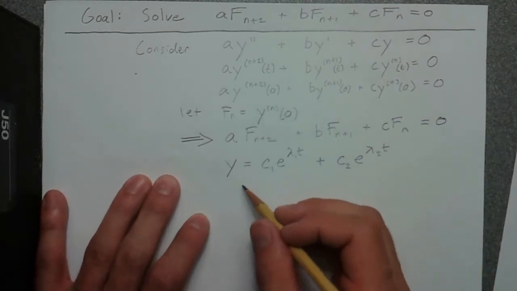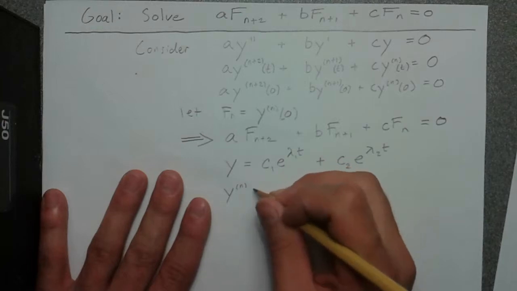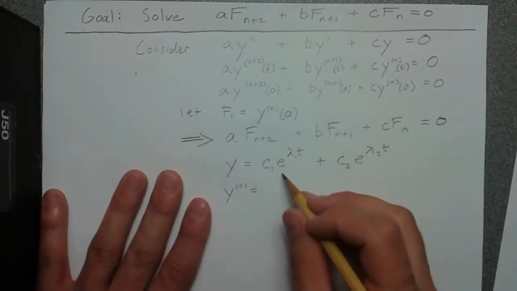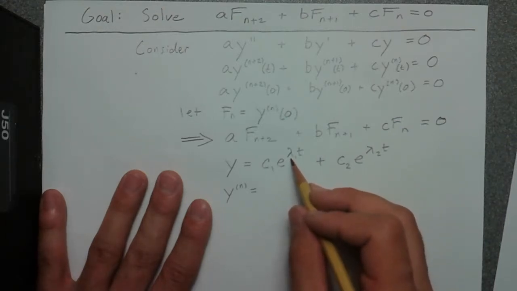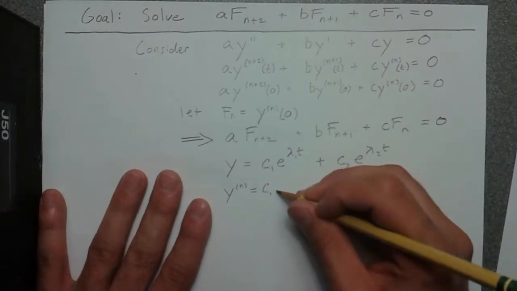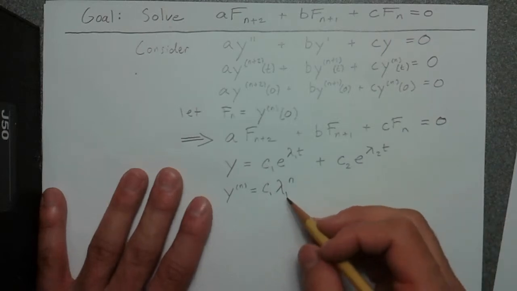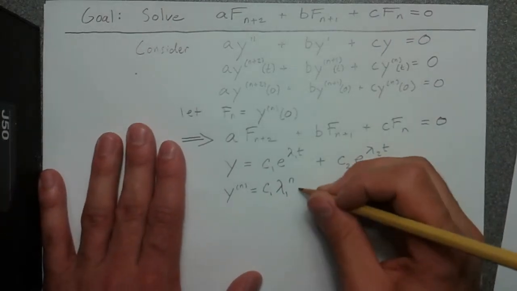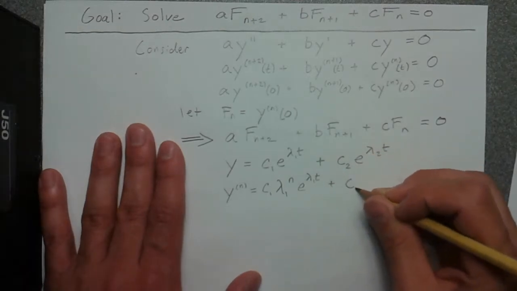And so the idea from here is you can take this and differentiate it n times. You're going to have the chain rule here. The first time you differentiate, you'll have c1 times lambda 1 e to the lambda 1 t. If you do that n times, you're just going to get n copies of this first lambda value here, and the same with this one over here.